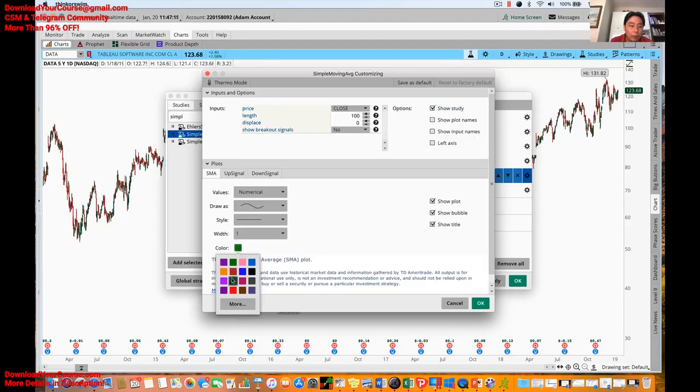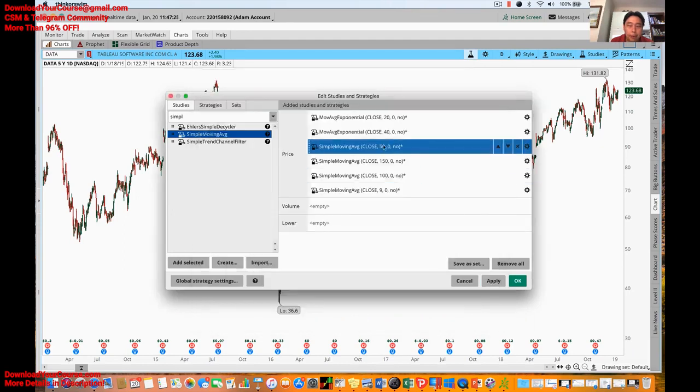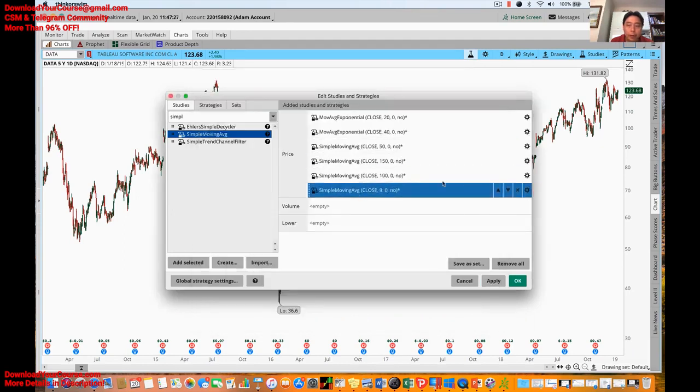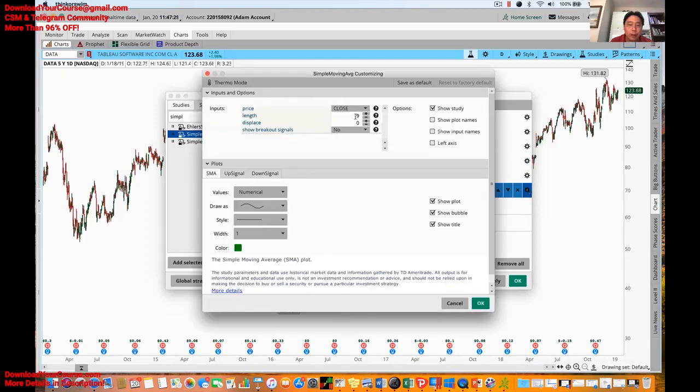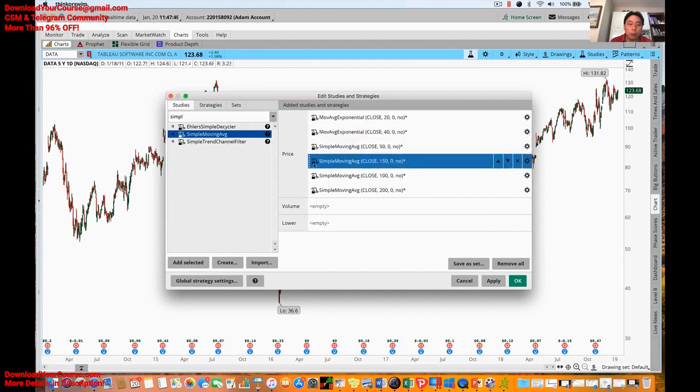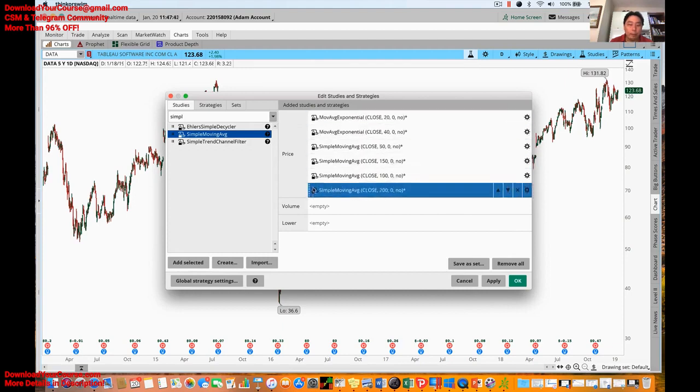For 100, we can use orange, 2. All right, so we've got a 50, 150, 100, and finally the 200 simple moving average. Put red and 2. Great. So we've got all your moving averages all there.